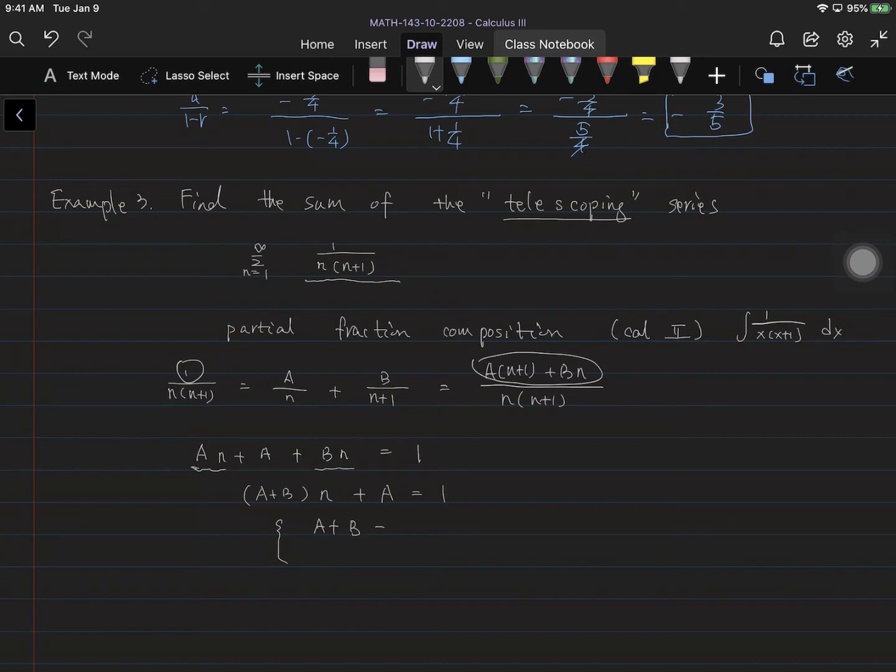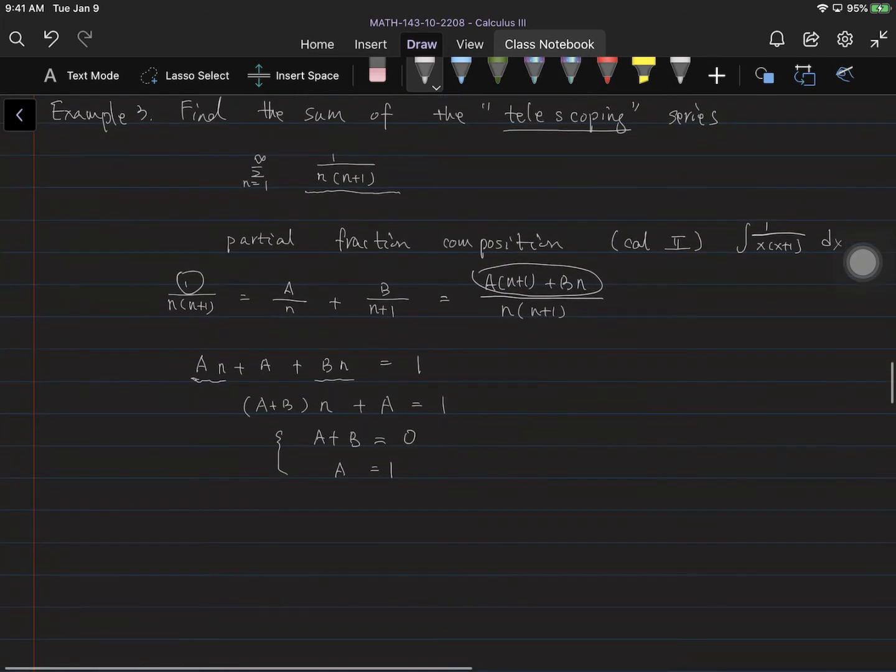A plus B equals, right side of the equation, there is no n, so A plus B should be 0. And what is capital A? A is 1. And then this is two equations with two unknowns. We can solve for A and B. A equals 1, A plus B is 0, so B definitely should be negative 1.